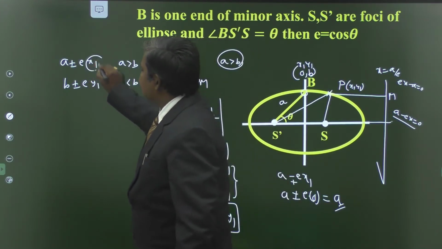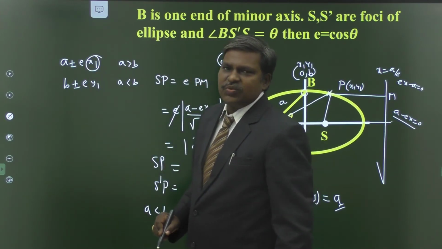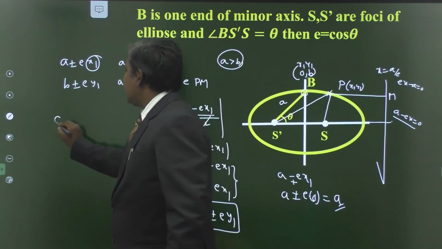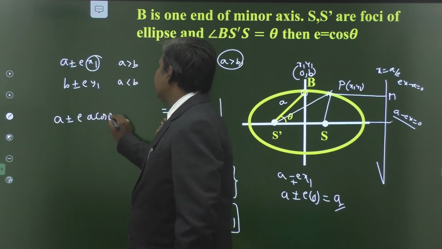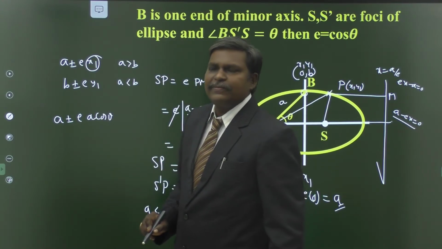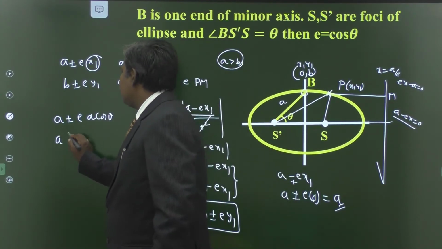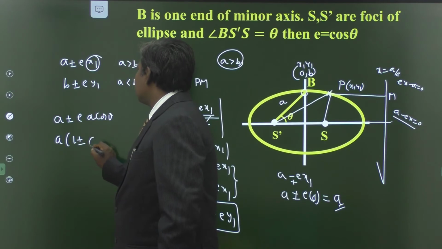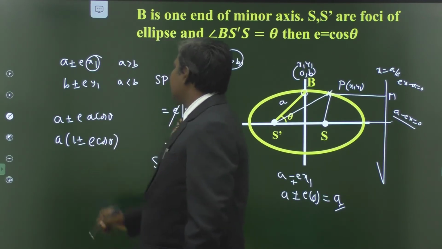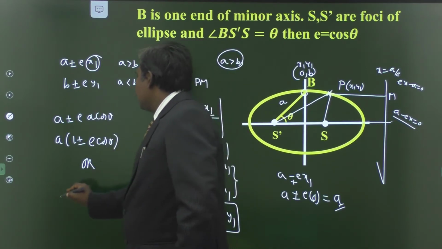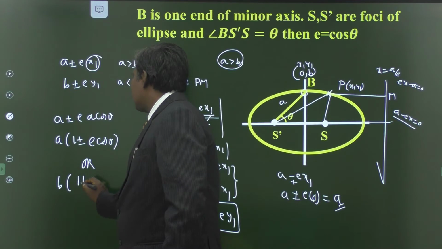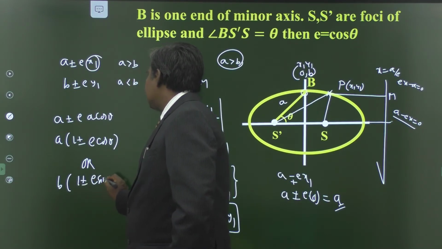Suppose your point is in the parametric form. What is x1? a cos theta. So a plus or minus e times a cos theta is the focal distance of P of theta. We get a into 1 plus or minus e cos theta, or for a less than b, we have b into 1 plus or minus e sin theta.